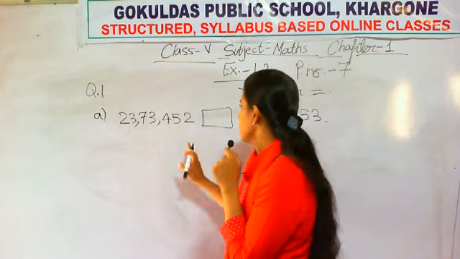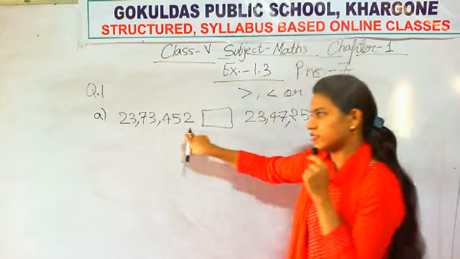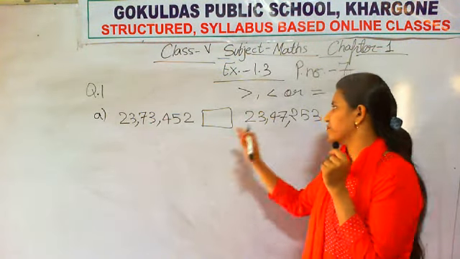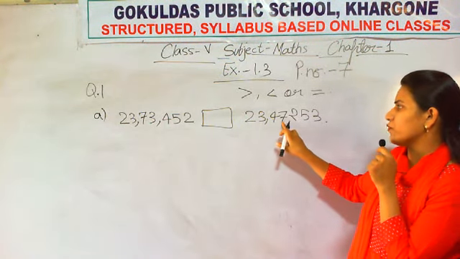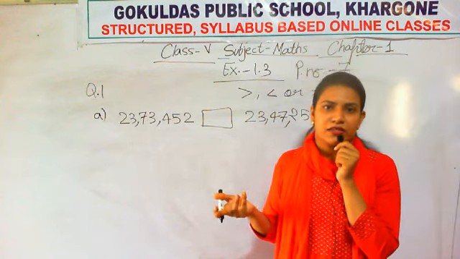Start counting. Here 1, 2, 3, 4, 5, 6 and 7 digits are there. In this number also, 1, 2, 3, 4, 5, 6 and 7 digits are there. Both the numbers have the same number of digits.